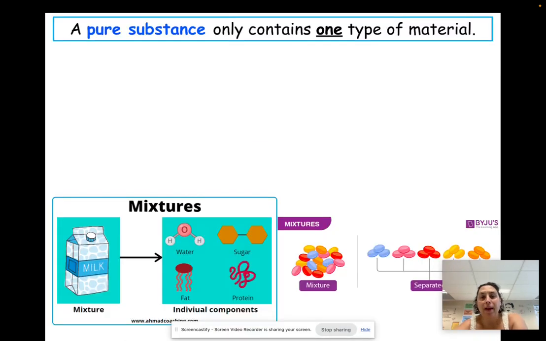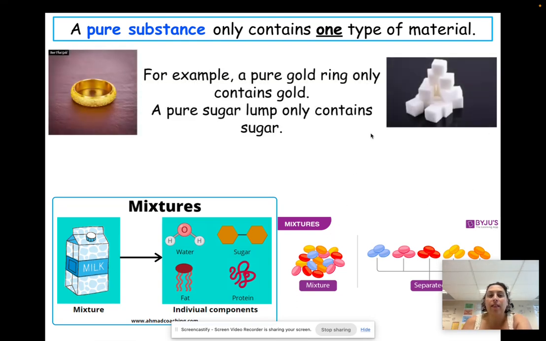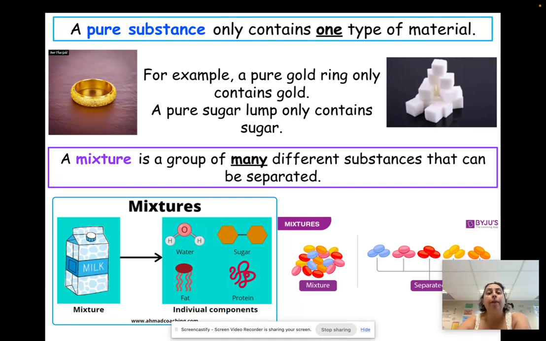Coming back to pure substances, a pure substance has only one type of material. This is something like pure gold or sugar, right? So it only has gold or it only has sugar. Again, you don't need to write this part down about pure substance because you already have that information. A mixture, and you do need to write this part down, is a group of many different substances that can be separated.